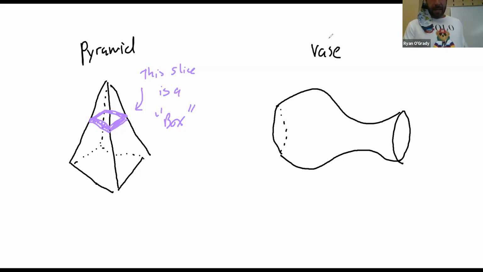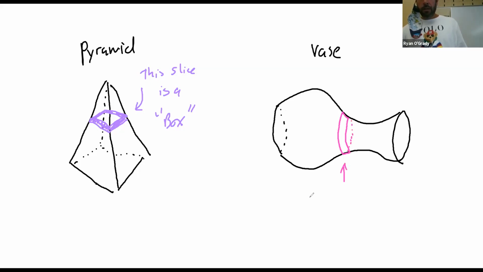And so if I slice this creature up, maybe I take a knife and I slice it vertically. I guess I shouldn't put that like that. This has to be dotted.